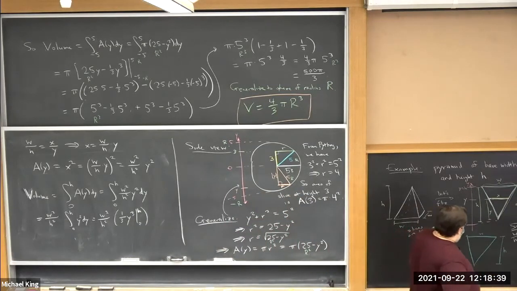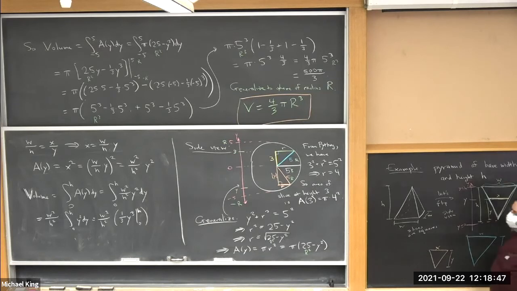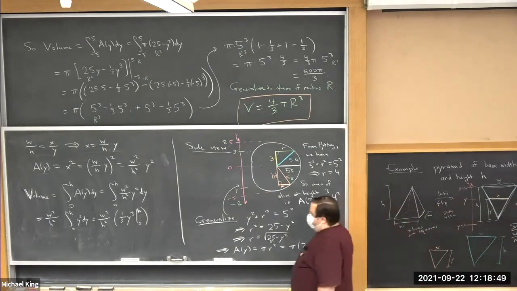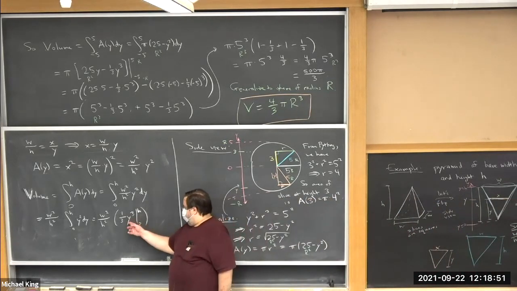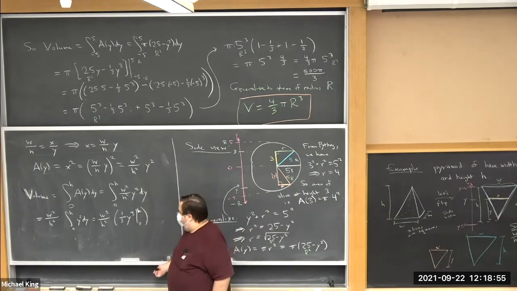Again, sorry I'm using letters. You could do this with numbers, but I just want to see how this works out in full generality. This actually works out kind of nicely because the 0 just is 0 cubed. So this really just becomes 1/3 H cubed, right?